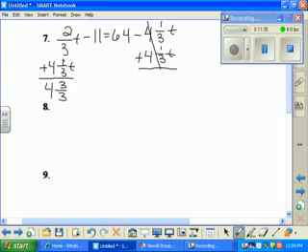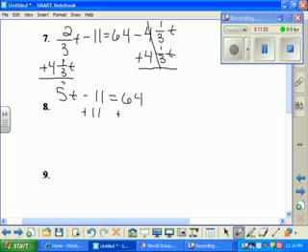Yeah, it'd be 3/3. And 3/3 is what? 1 whole. So instead of it being 4, it's going to be 5. Good. So I get 5t minus 11 equals 64. Does everybody understand that? 3/3 is 1 whole.